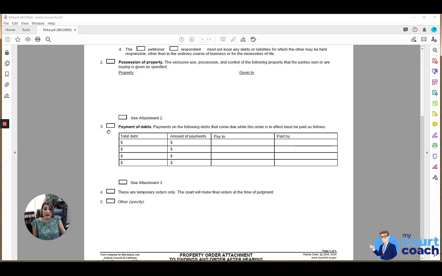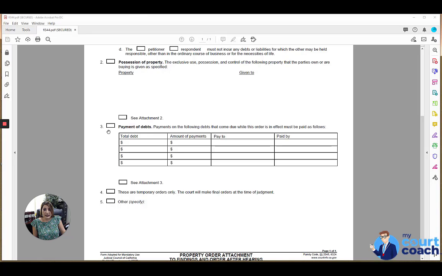3, the court can make temporary orders for payment of debts. And again, these aren't common orders, but in certain cases, the court will order a party to assume payment for a debt where it is necessary to preserve assets for the benefit of the community, being the husband and wife together.